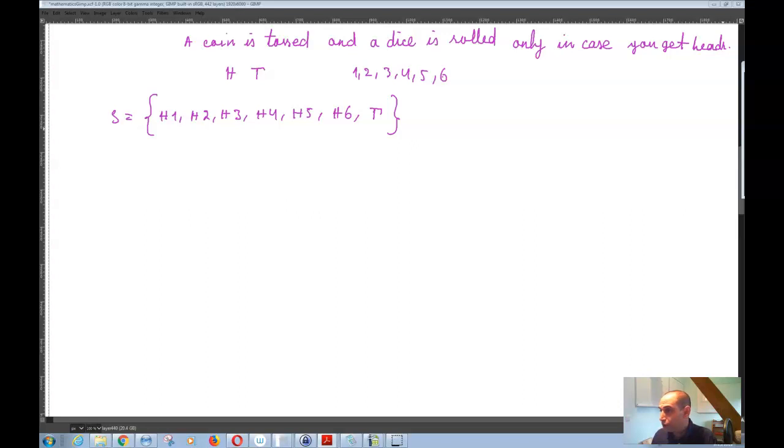Okay, so the next question is 2 boys and 2 girls are in room X and 1 boy and 3 girls in room Y. Specify the sample space for the experiment in which a room is selected and then a person.